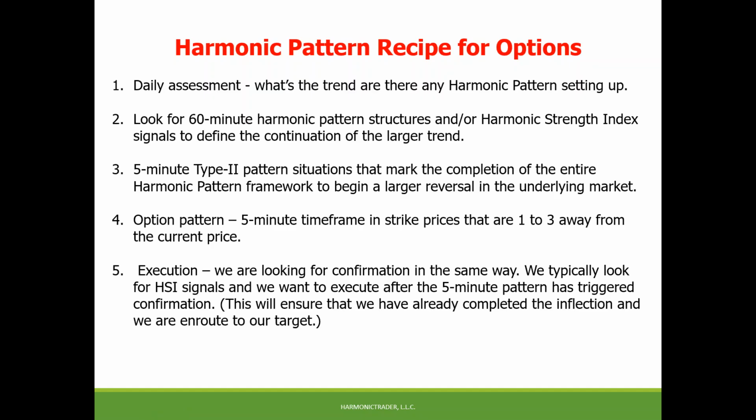What's the trend? What are the significant harmonic patterns setting up on a daily? That's a general. We know the market's been up, okay, but specifically we're looking for those 60-minute phenomenon, harmonic strength index, or pattern structures that affirm that longer term time frame.